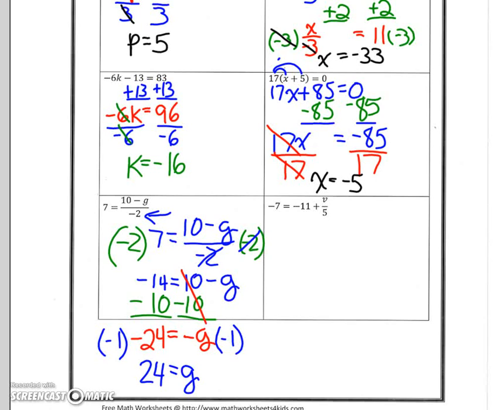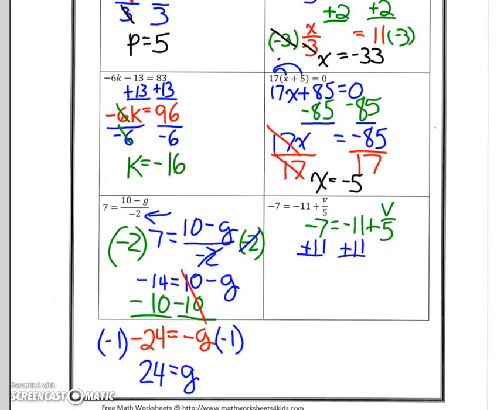Last one, negative 7 equals negative 11 plus v over 5. So here we have a fraction, but we also have that negative 11 with it separately. And so we're going to do something about that negative 11 first. We're going to add 11 to both sides.